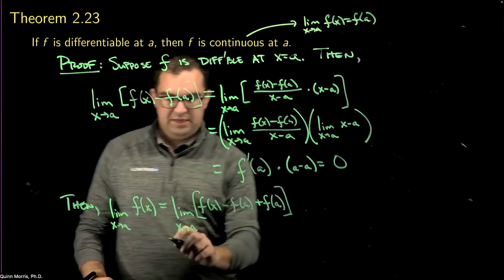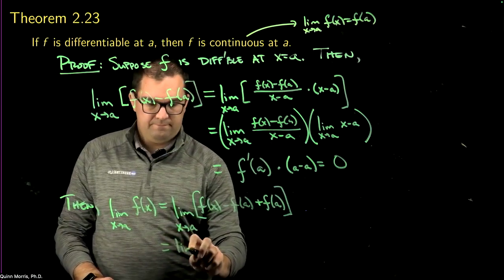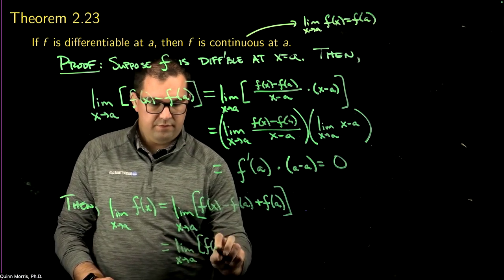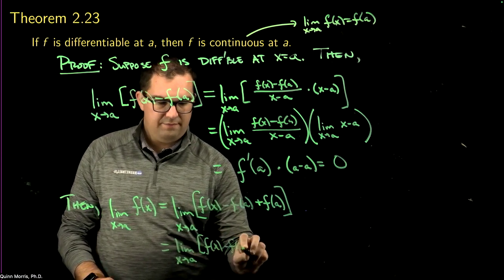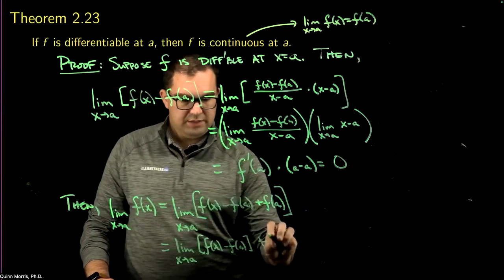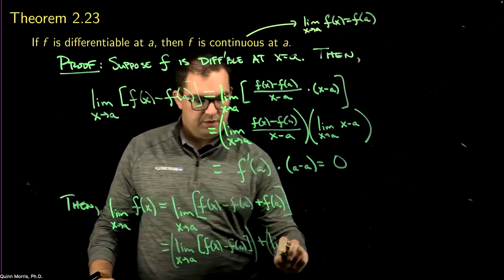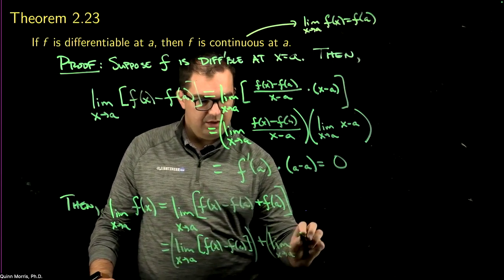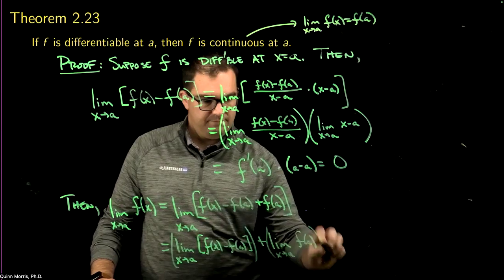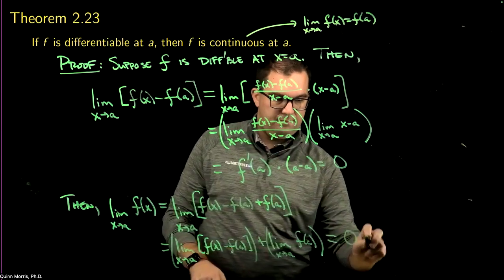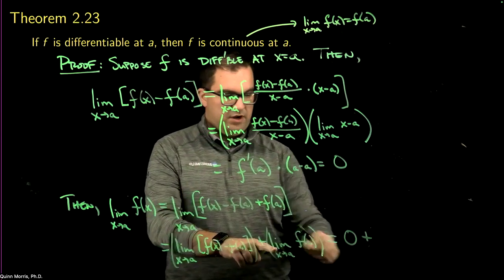So this is then equal to the limit as x approaches a of f of x minus f of a, plus the limit as x approaches a of f of a. Well, again, this is 0. I calculated that up here. This is the limit of a constant.